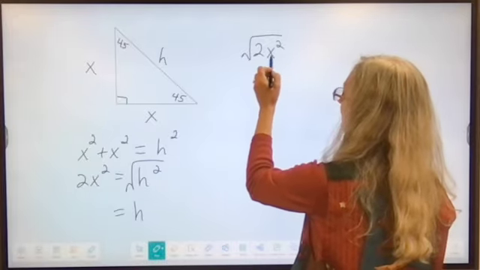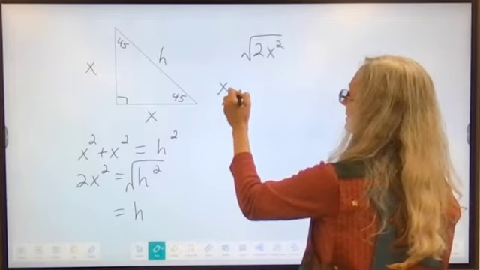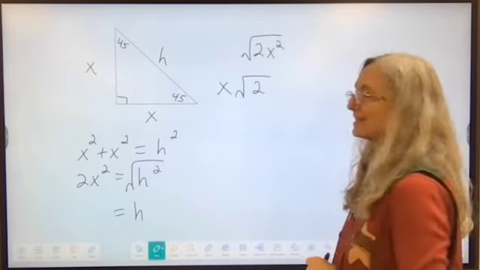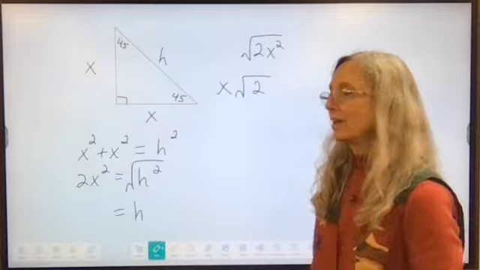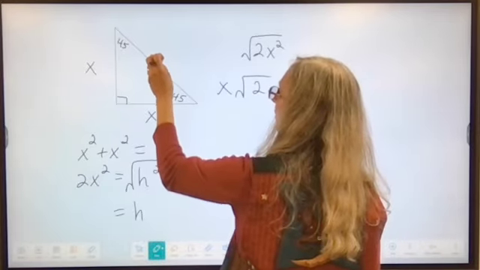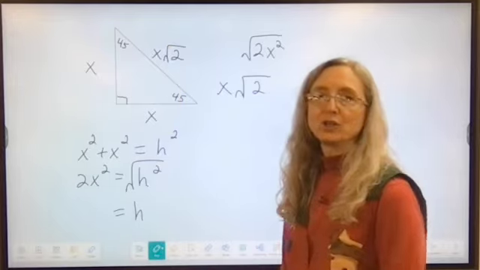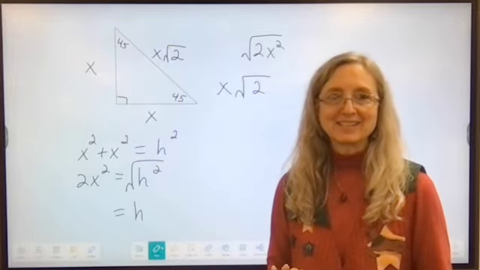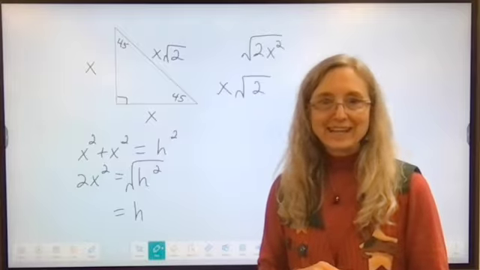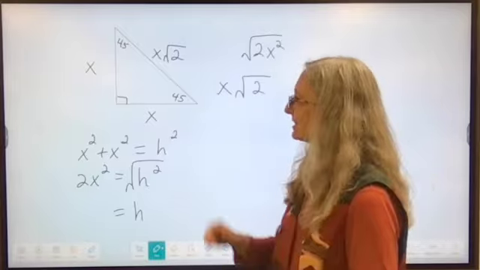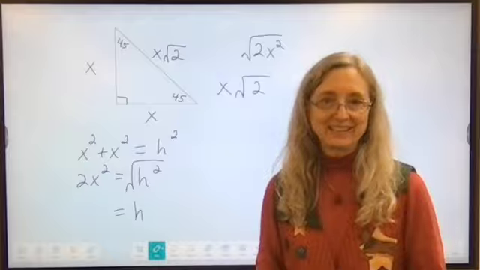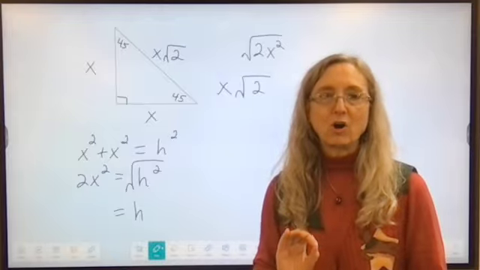This simplifies to x square root of 2. So our hypotenuse is always x square root of 2. It doesn't matter what x is. These legs can be any length. This relationship will always be the same.